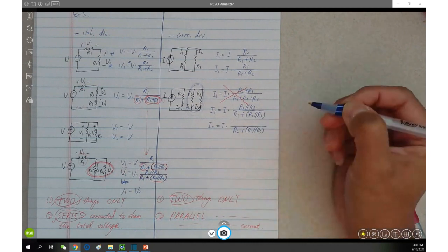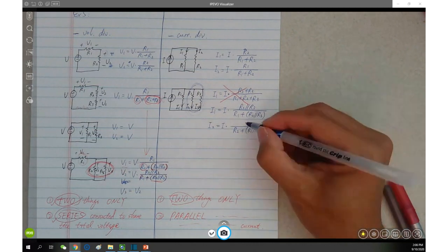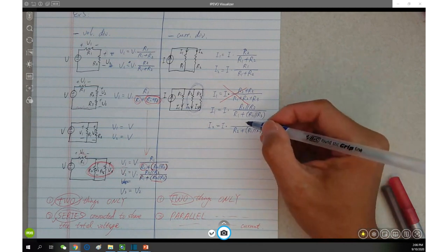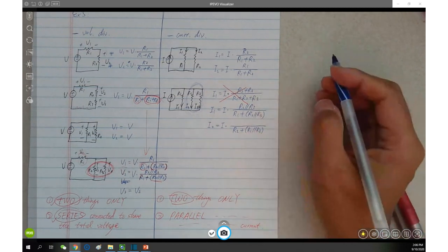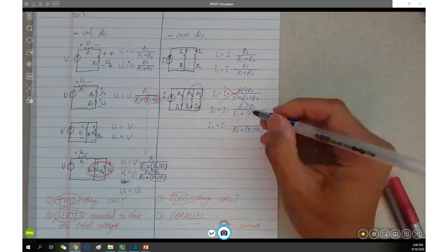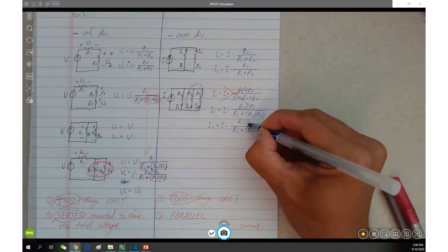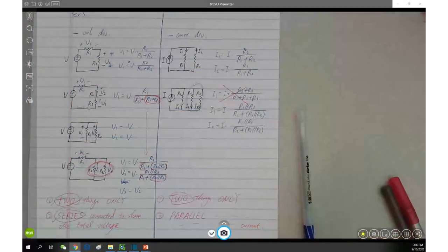These two are parallel, right? And the numerator is the other, the other branch to the R2 branch, R1 combined with R3. That makes sense. So this is the current divider. I3 follows the same idea.